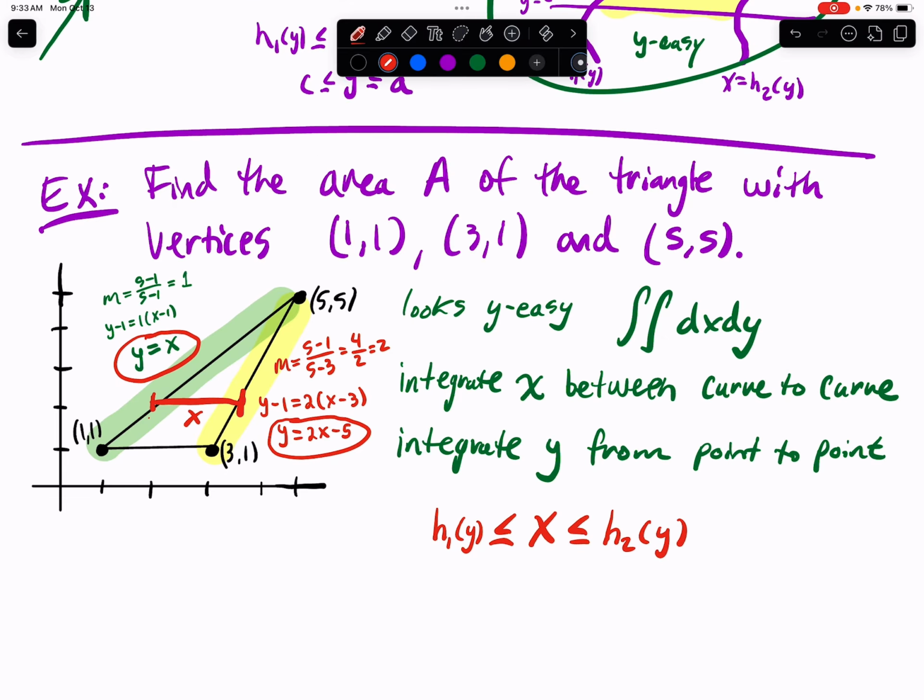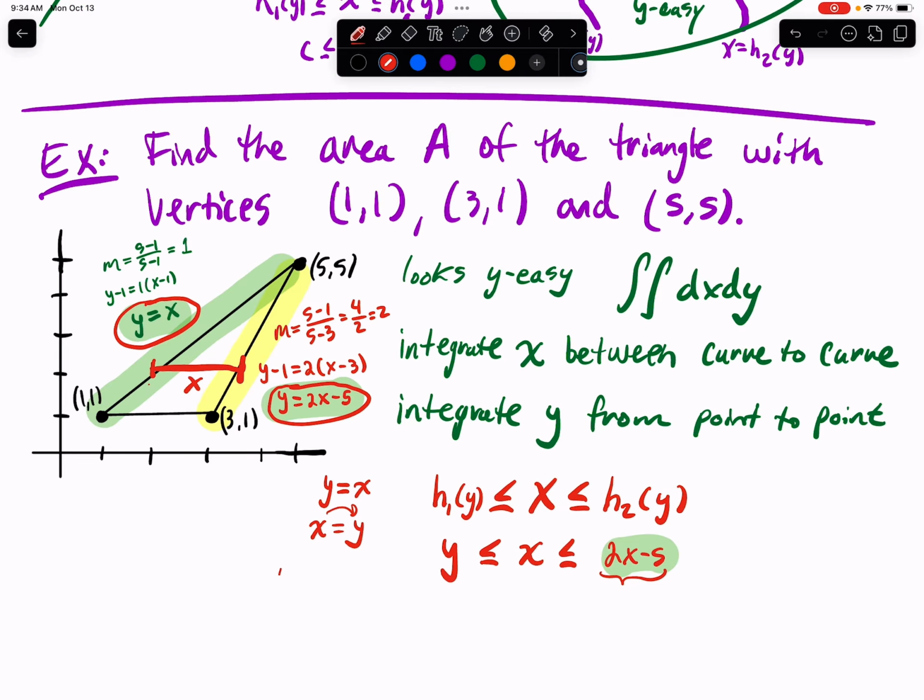Right now, I have y as a function of x, but that one's pretty easy to flip around. So this is y. But I can't just write 2x minus 5 over here. That doesn't make any sense because that's not a function of y. So how do I rewrite this to be a function of y?